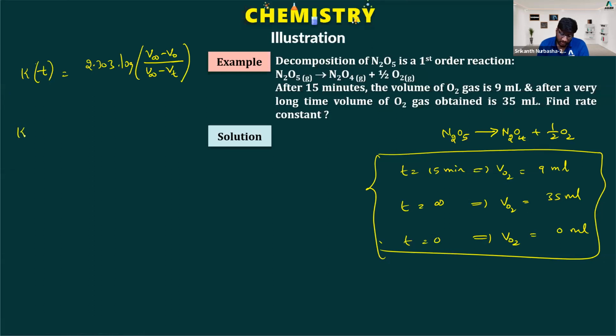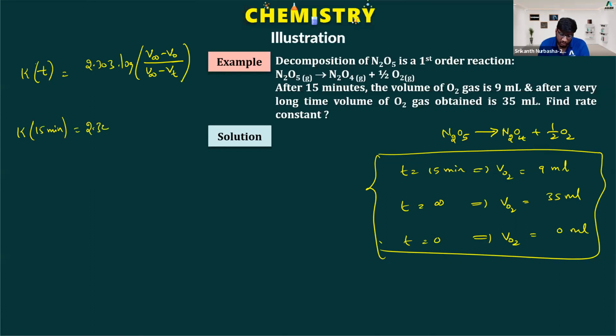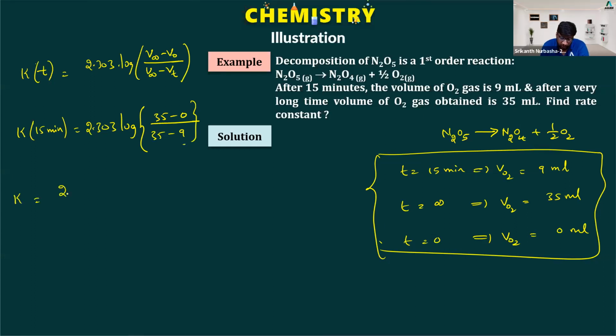So k into the time, 15 minutes, is equal to 2.303 into logarithm of, what is V infinite? 35 minus 0 divided by 35 minus 9. Right. k is equal to 2.303 by 15 into logarithm of 35 by 26.